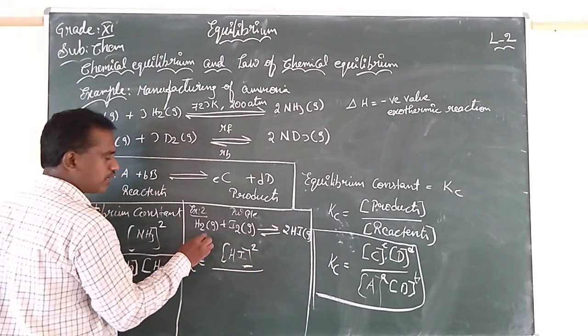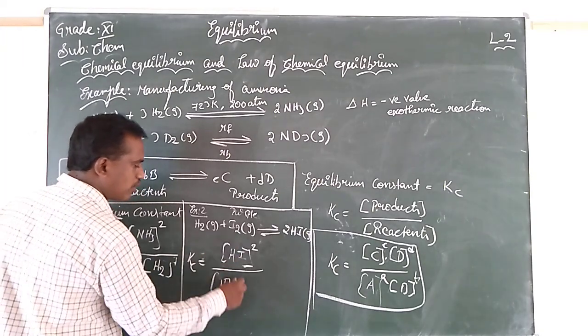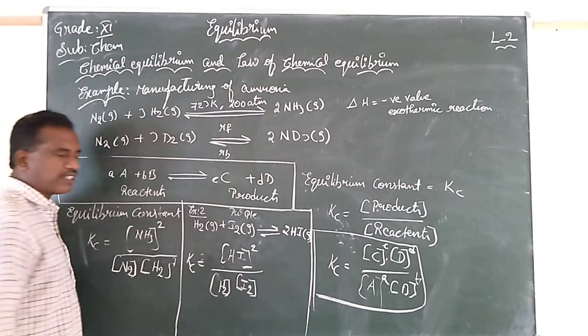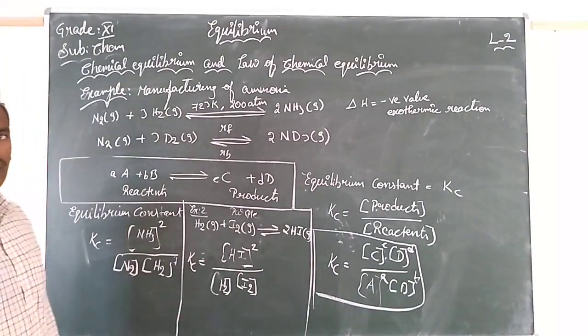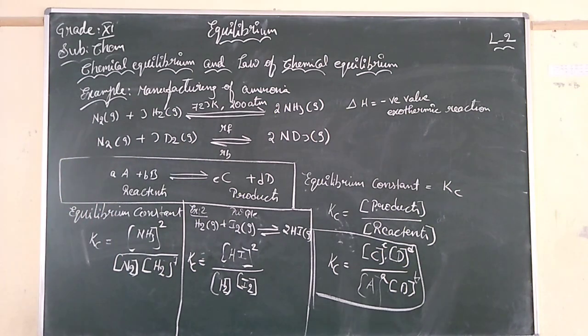And what is the concentration of hydrogen? Hydrogen concentration is only 1. What is the concentration of iodine? Concentration of iodine is given in this manner. Once I write the definition of the law of chemical equilibrium on the board, in the meanwhile you please copy this all.